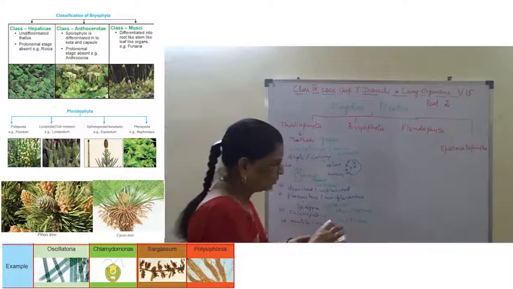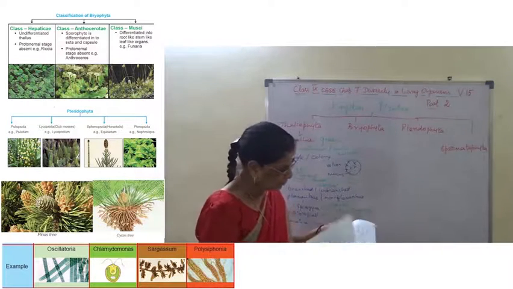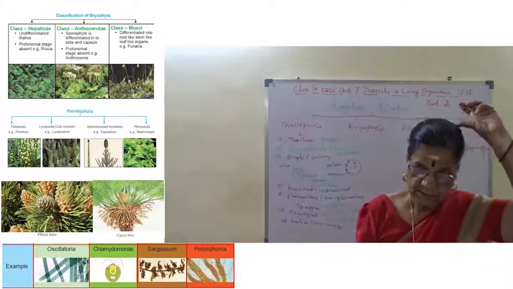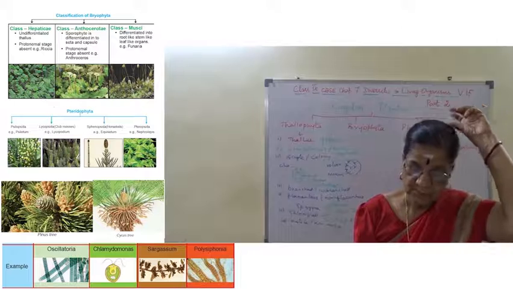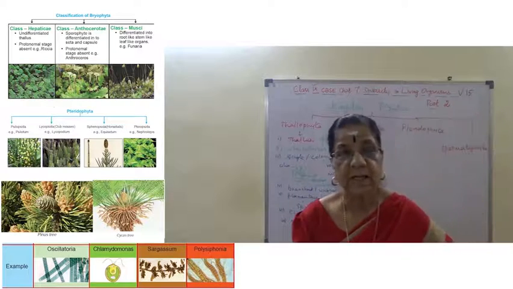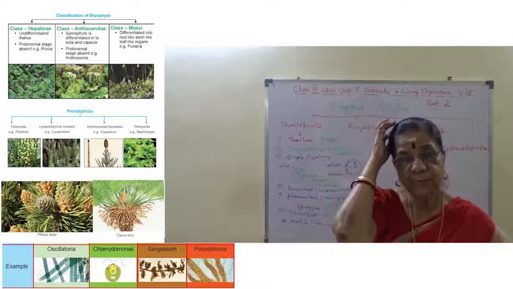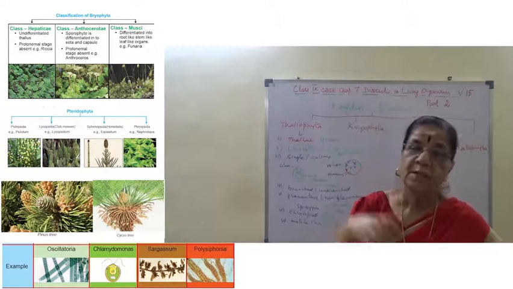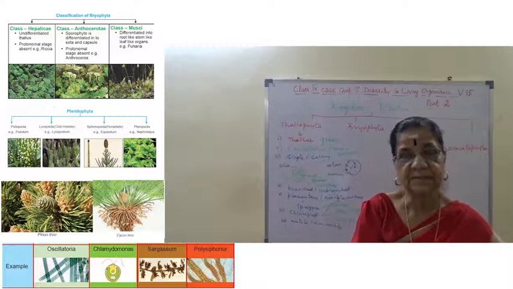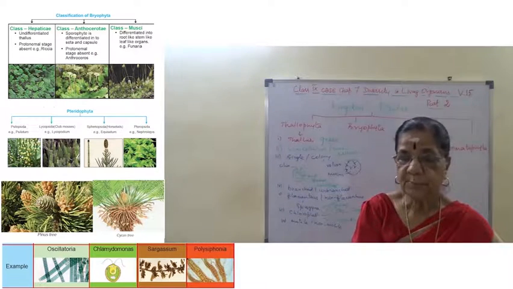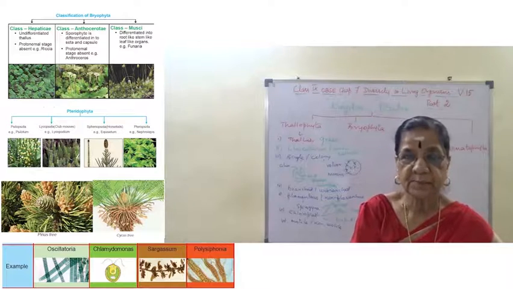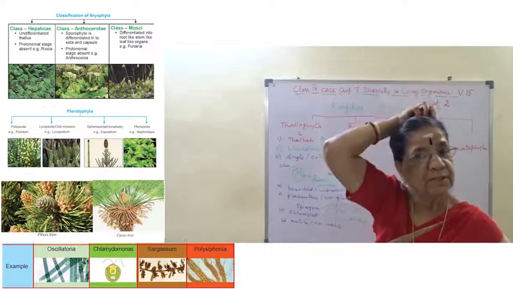Examples: Oscillatoria, Chlamydomonas, Sargassum and Polysiphonia. There is the presence of the pigment chlorophyll, plus additional pigments: brown pigment, phycocyanin and phycoerythrin, red pigment and blue-green pigments.